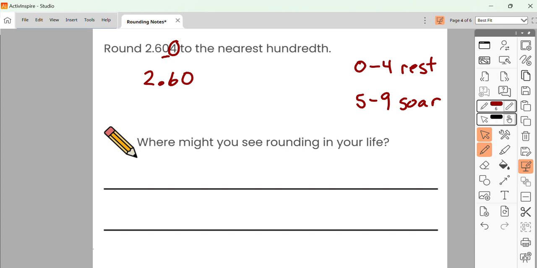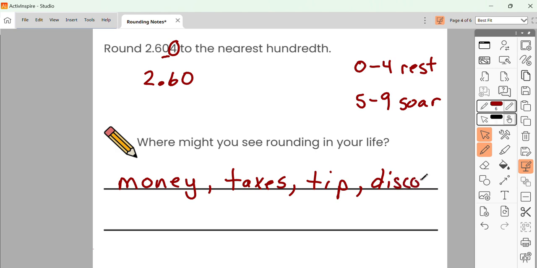Now, there may be other ways to remember this, and we want to hear about them, so please let us know. But rounding, as simple as it may seem, or as hard as it may seem, we're going to be using this in our life a lot, okay? Especially since we're no longer going to be minting pennies anymore. We're going to have to be rounding a lot of things, I think. So sometimes you have to round when you're dealing with money. That could be taxes. That could be a tip. That could be a discount.